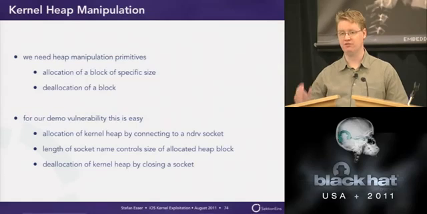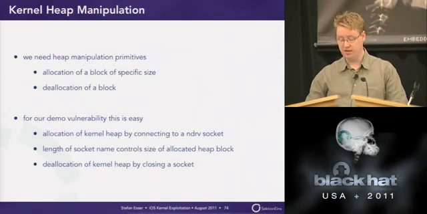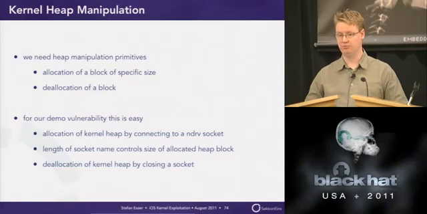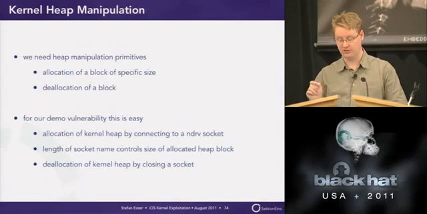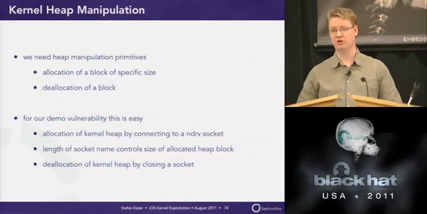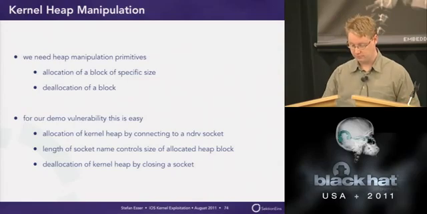When you connect an ndrift socket, you can give it a name with a small but arbitrary length. If you do that, you control the size of the block that is allocated in the heap. So you just use different lengths for the socket name, and you can allocate different kinds of memory. And when you want to deallocate the memory, you just close the socket. So you can allocate and deallocate.